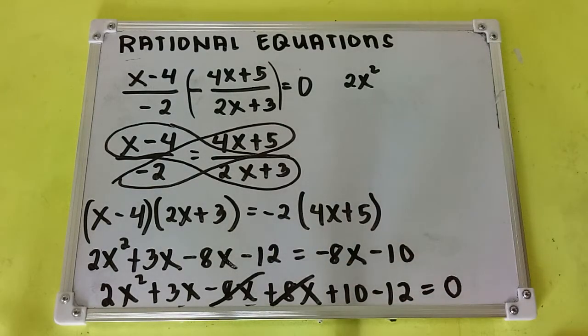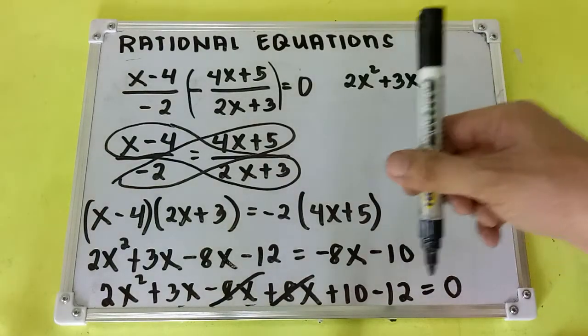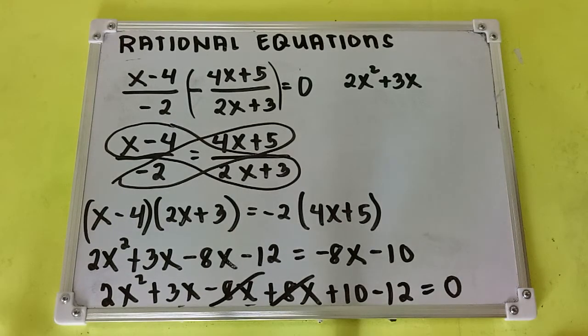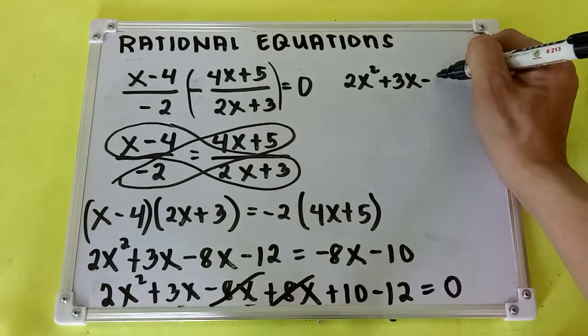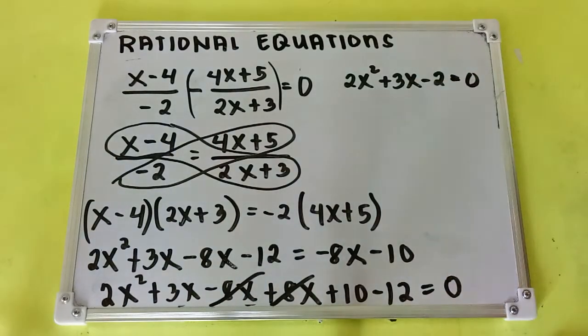So 2x square, ang natira na lang na may variable ay si plus 3x. And then if we perform 10 minus 12, that is negative 2. Then equals 0. So ito na ngayon yung equation natin.